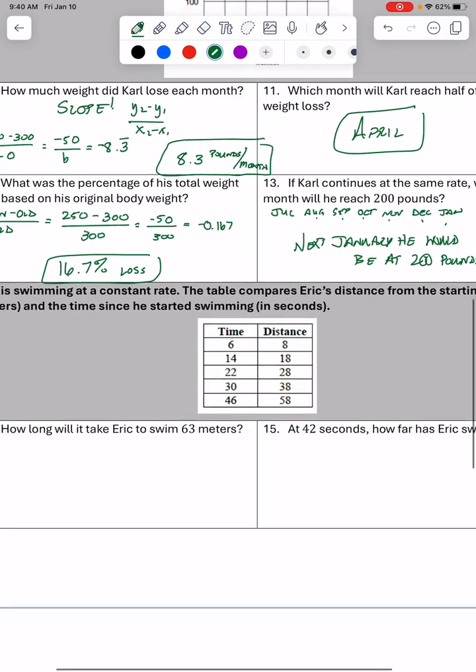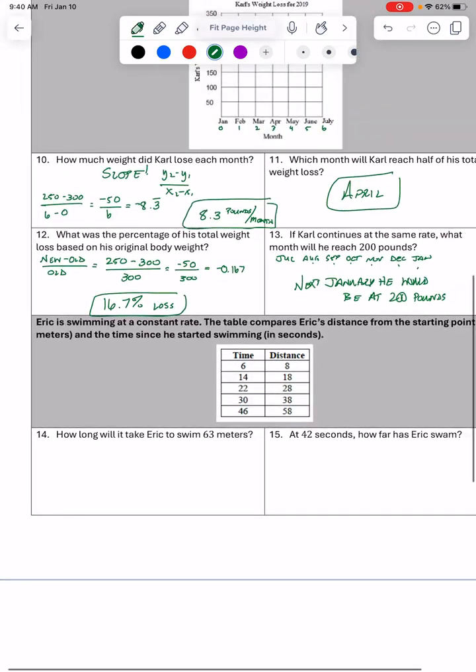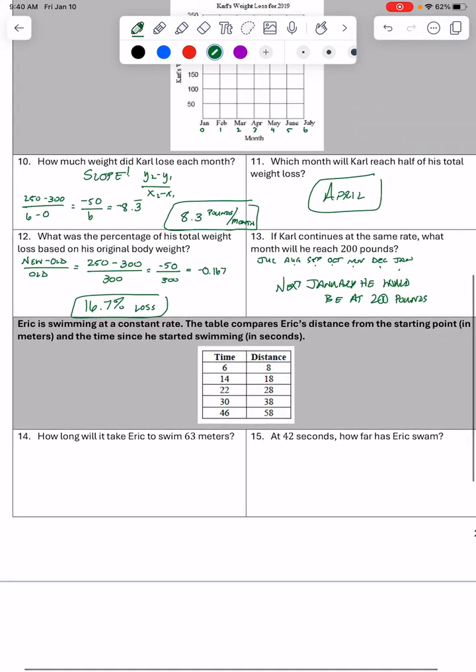Now, let's see. This last part says Eric is swimming at a constant rate. The table compares Eric's distance from the starting point in meters and the time since he started swimming in seconds. So how long will it take Eric to swim 63 meters? So 63 meters is not on here, so we're going to need an equation.